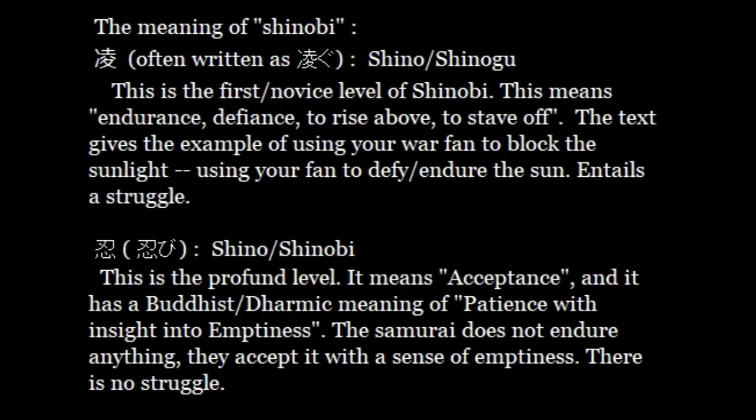And what it means is the perfection of patience. And the perfection of patience is acceptance with a sense of emptiness, right? A sense of insight into emptiness. So in this profound level, the samurai does not endure anything. They're not defying anything, but there is a sense of acceptance with a sense of emptiness. So in the novice level, there is a sense of struggling, there's a defiance, but in the profound level, there is no struggle.